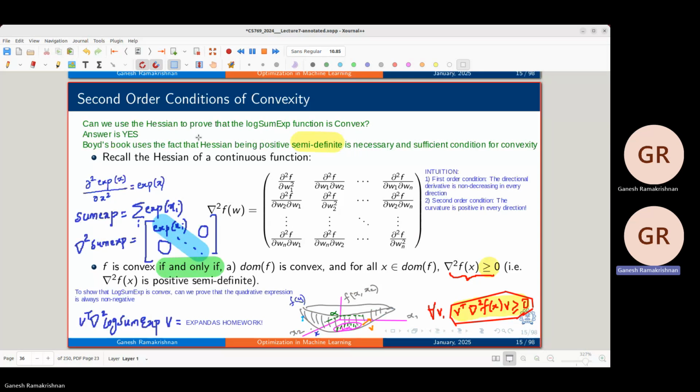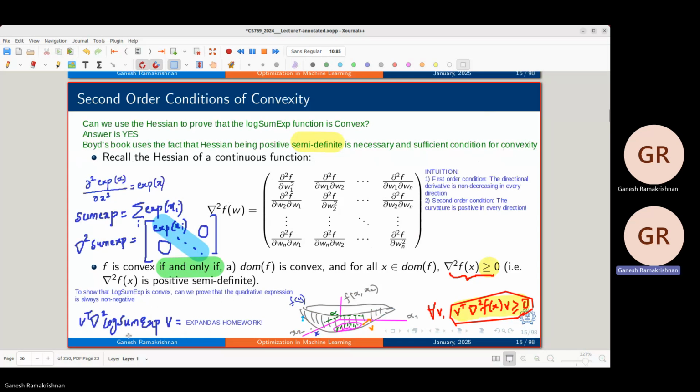Can you use this to show that log sum exp is convex? Please try doing this, right? And the answer is, of course, yes. Boyd's book uses the fact that Hessian being positive semi-definite is a necessary and sufficient condition for convexity. This is Stephen Boyd's book on convex optimization.